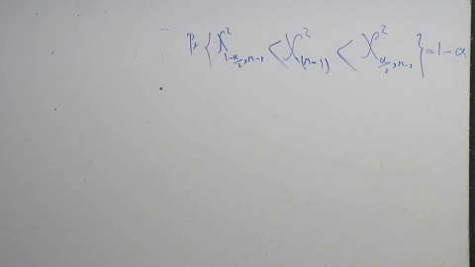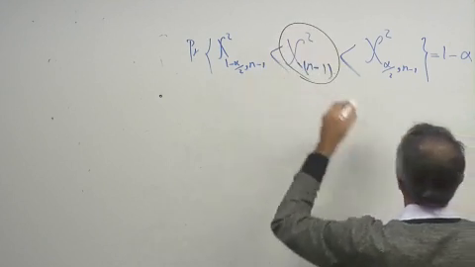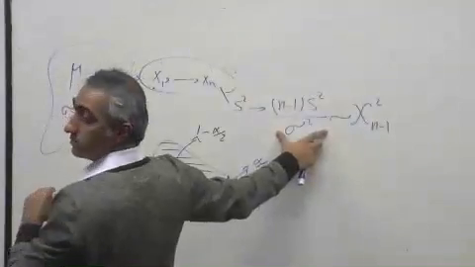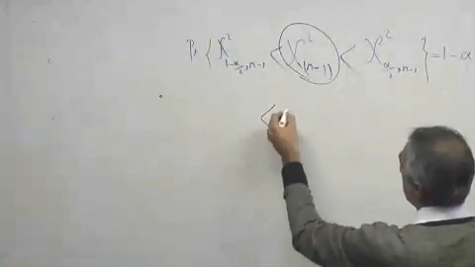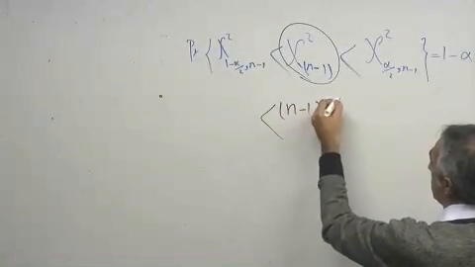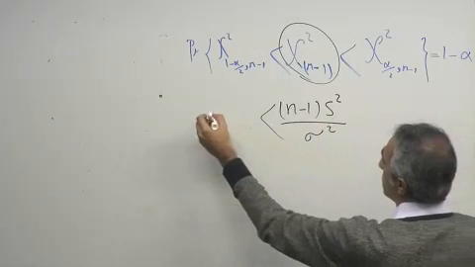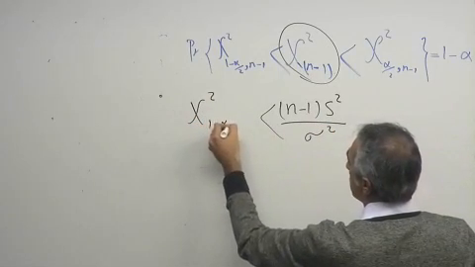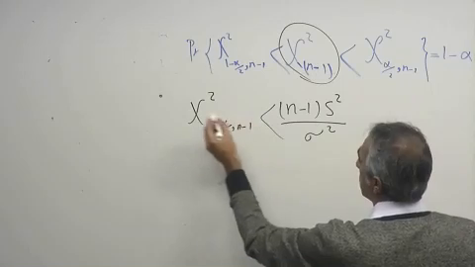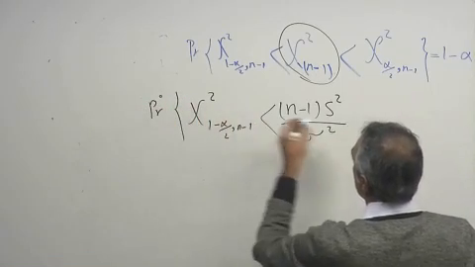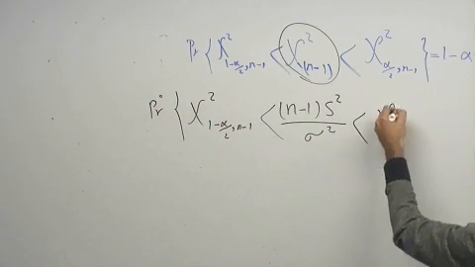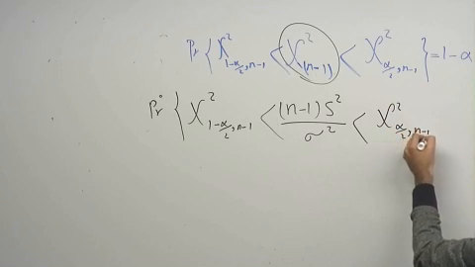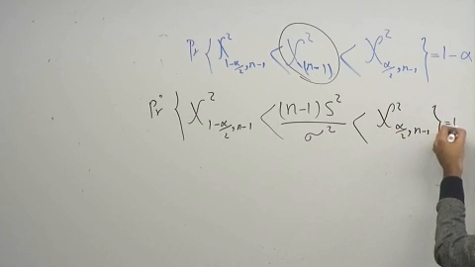So the probability in between is 1 minus alpha. Okay? And I know this guy is this. So n minus 1 S squared over sigma squared is between these two numbers. This is 1 minus alpha.